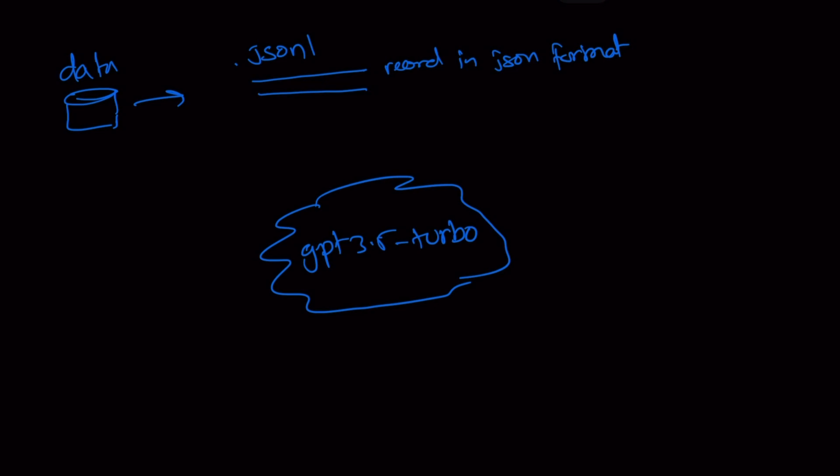And it has to be in a very specific format, which I will tell you when we go into the demo section. And then you upload the JSONL file to GPT using their APIs, and then it internally processes this particular file.